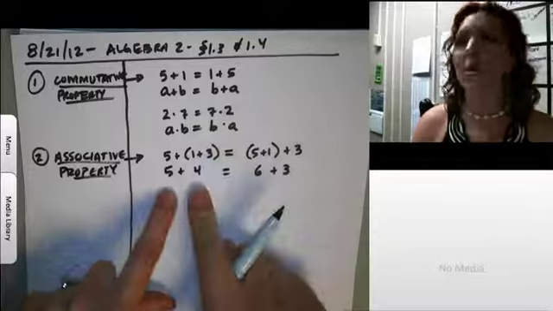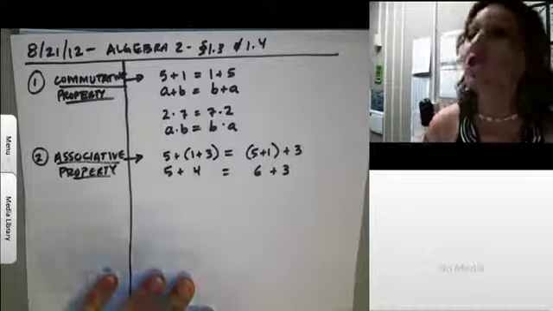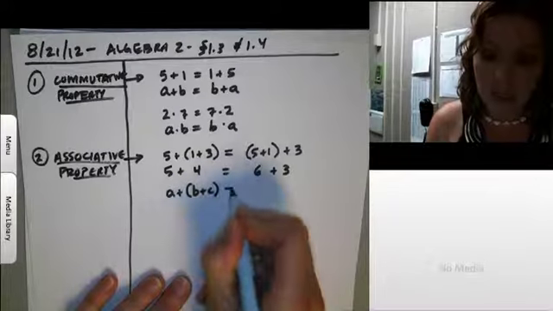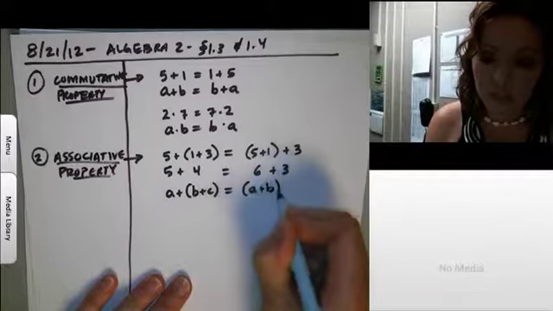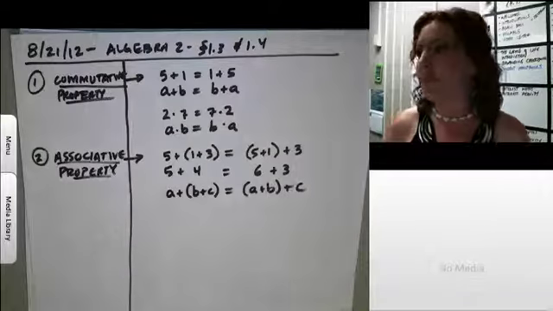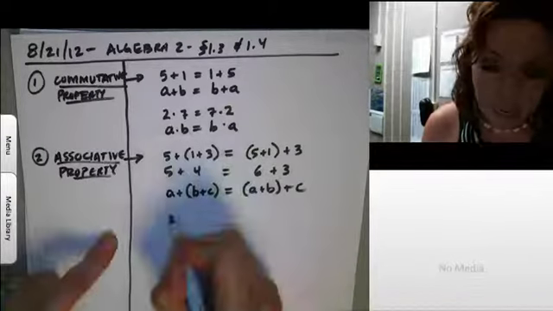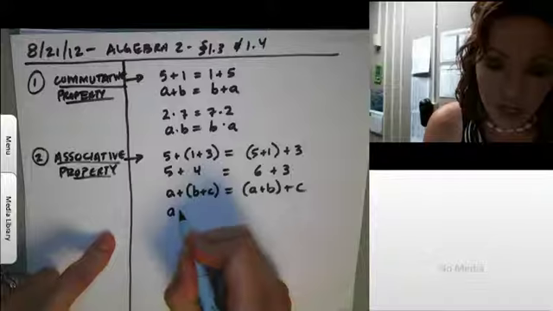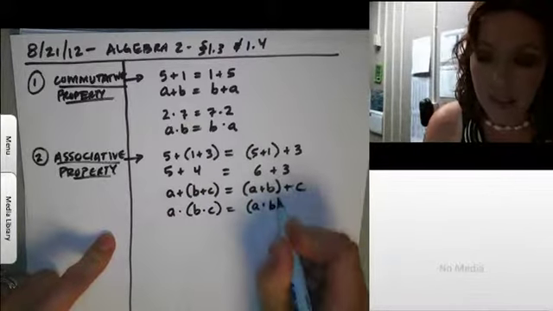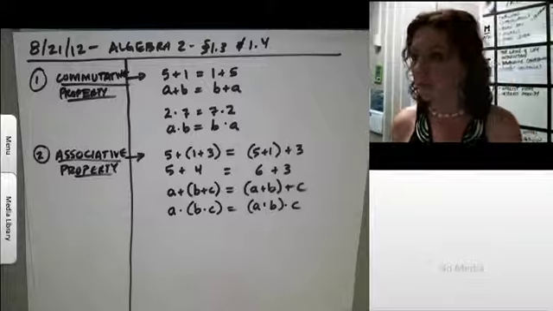So 5 plus 4 is 9, 6 plus 3 is 9. Okay, so generally speaking, (A plus B) plus C equals, if I shift the parentheses around, A plus (B plus C). Again, shifting them around doesn't make a difference. That's all it's saying. And it works the same way with multiplication. A times B times C is the same thing as A times (B times C).